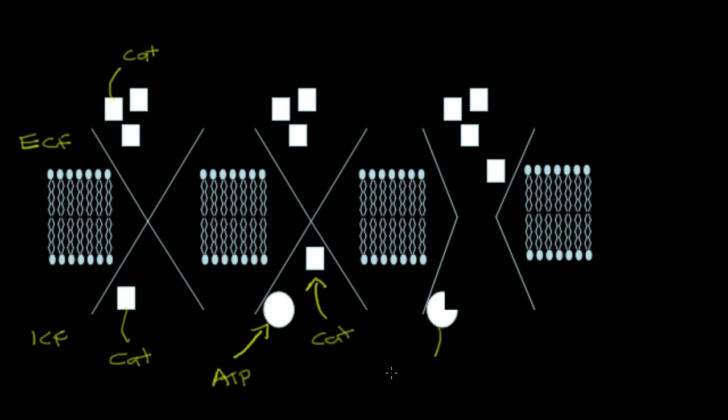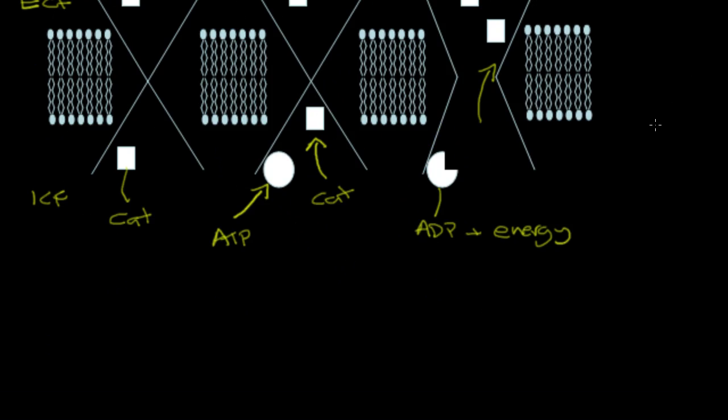The ATP will be cleaved by the protein, which will cause the protein to actually change shape, to open up, if you like. So it will be cleaved, and we'll end up with some ADP plus some energy. And that energy will open the protein channel, which means that the calcium can then move outside into the extracellular fluid. So it's going against the diffusion gradient, going from an area of low concentration to an area of high concentration.